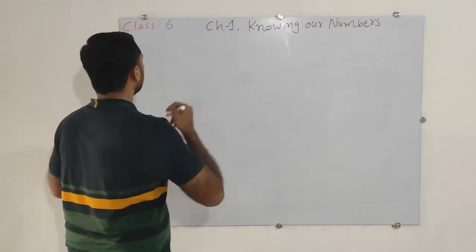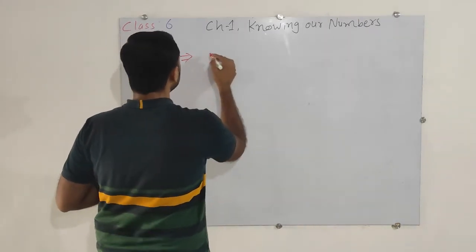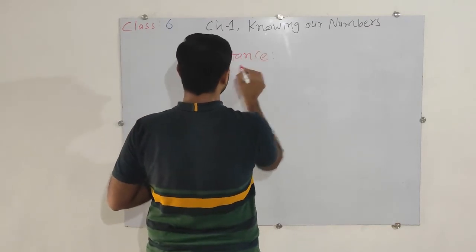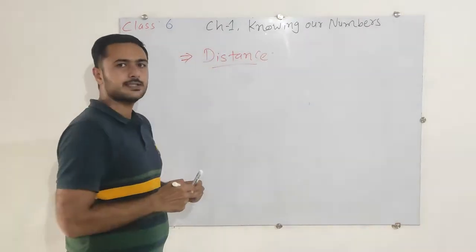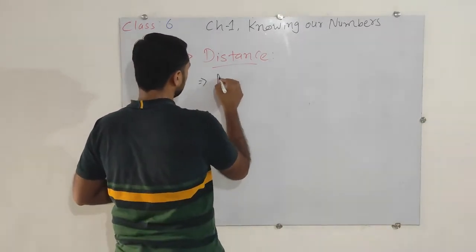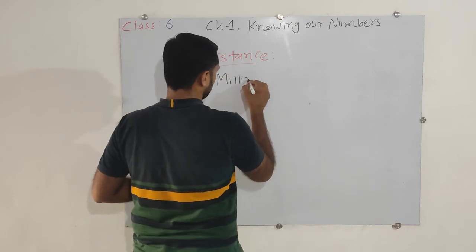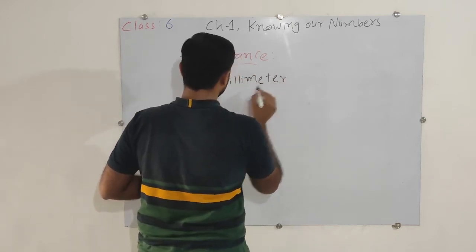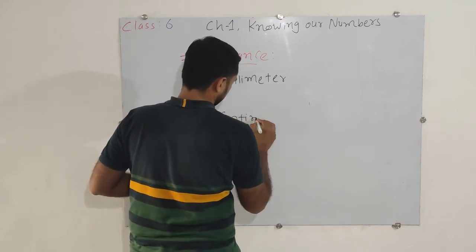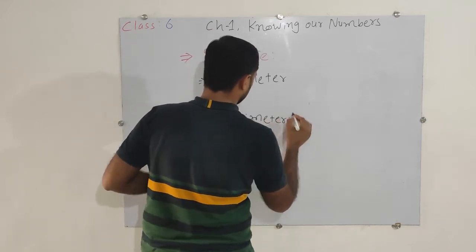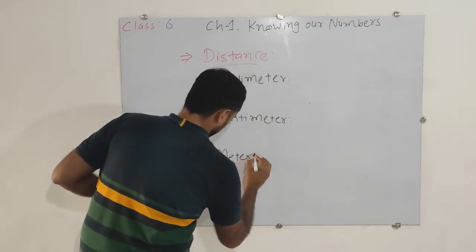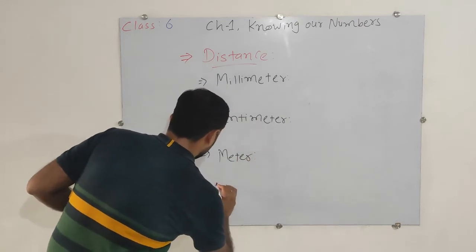First of all, we are going to see the units for distance. In distance there are mainly millimeter, then centimeter, meter, and kilometer.